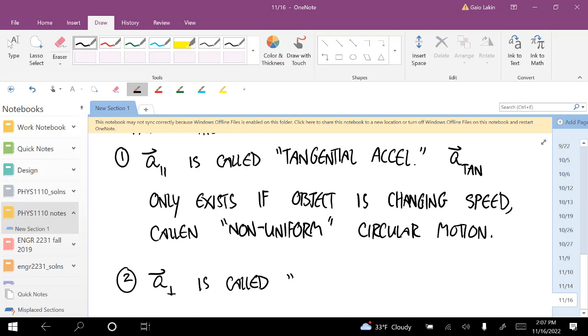Centrifugal is another word, but it has a subtle, sophisticated meaning that we're not talking about. So be sure that in your head you remember this is centripetal, which means toward the center. And I'll denote that a cen.